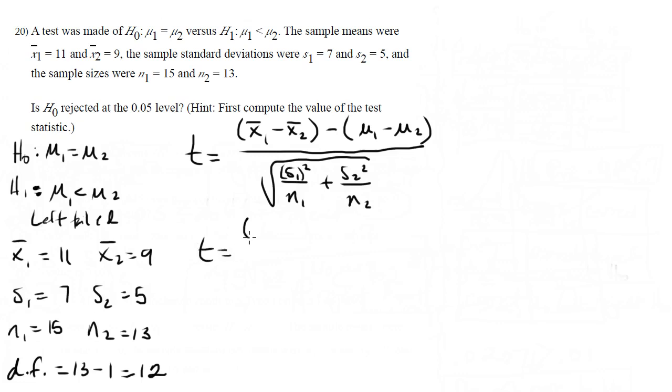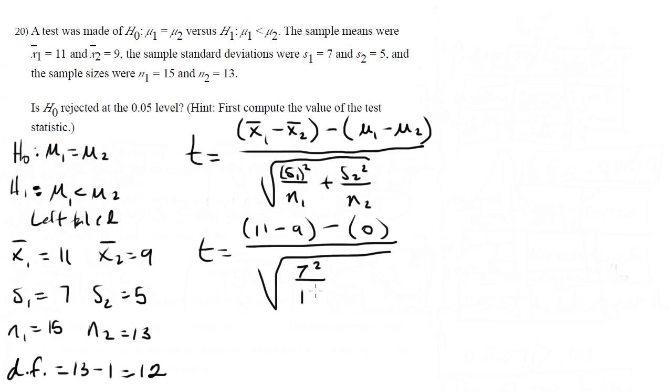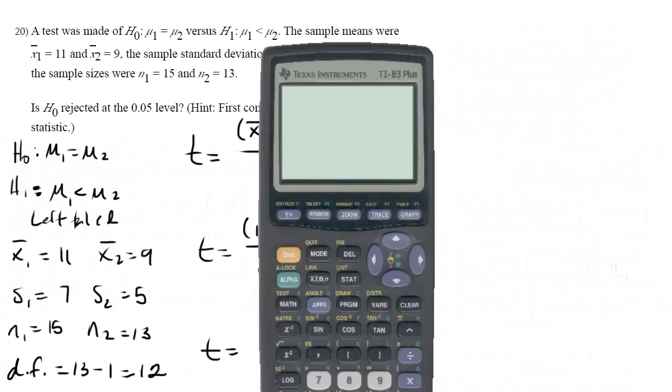Substituting in 11 minus 9 minus 0, since the population means are equal, over the square root of 7 squared over 15 plus 5 squared over 13. I'll just call those what they are for calculation's sake: 49 over 15 plus 25 over 13. So t equals 2 over something. Let's see what that something is.